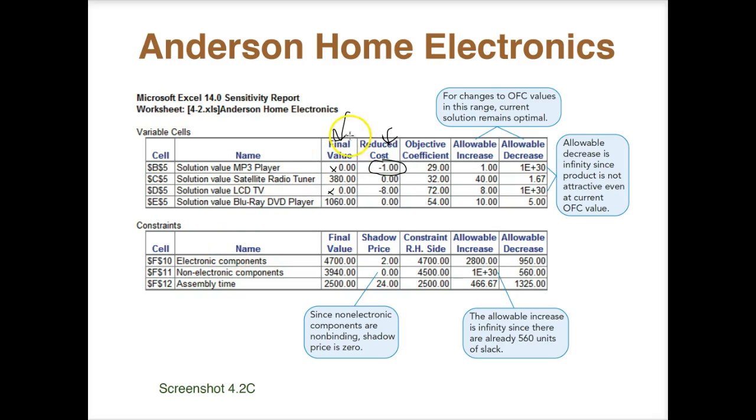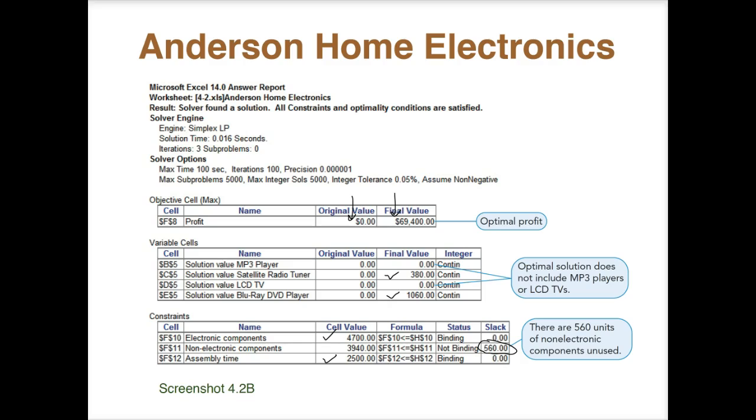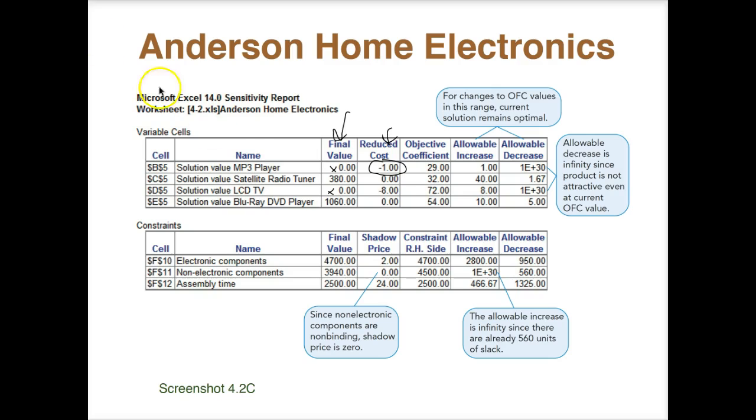So that means either we're going to have to increase our profits by $1 or reduce our cost by $1 in order to have it make sense for us in our situation here to produce MP3 players. So to be more clear on what I'm saying, all right, so here, do you see our objective coefficients?